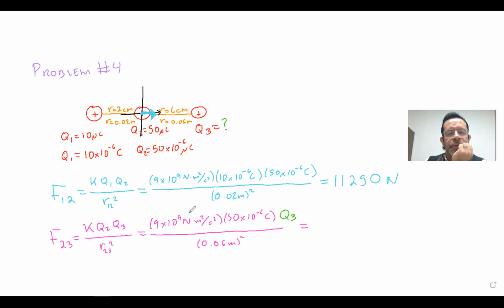Give me the value of the... It's 1,250. 1,250, and we don't know the value of Q3, so we leave it there.